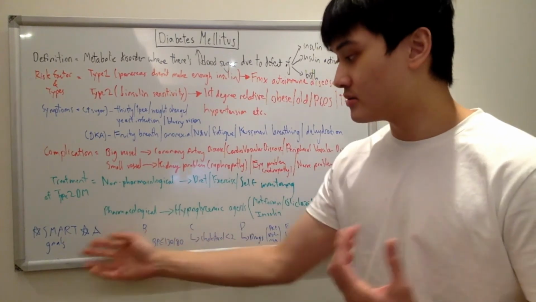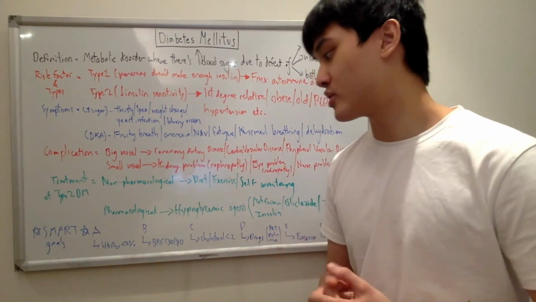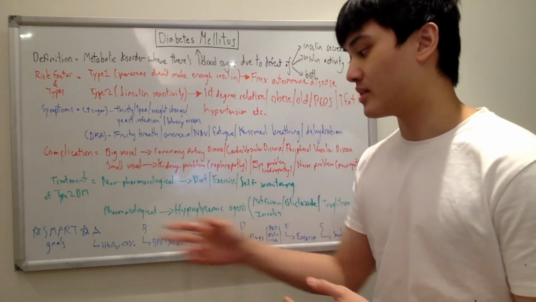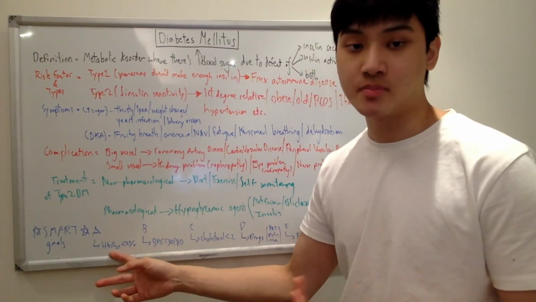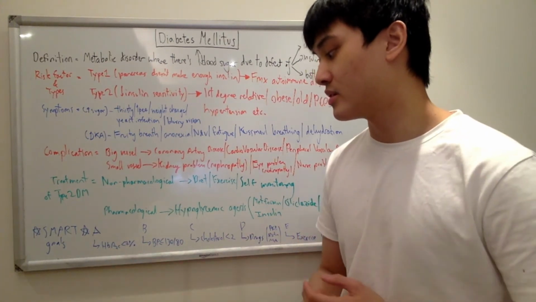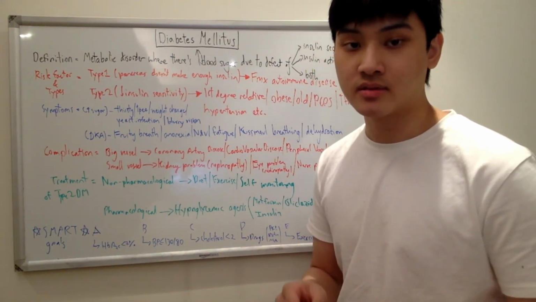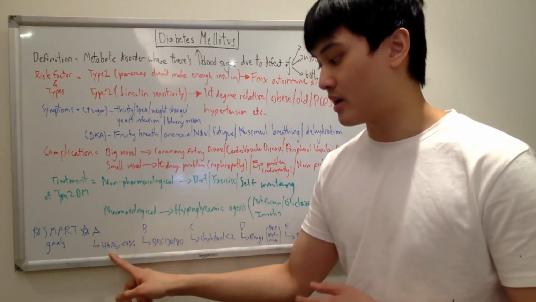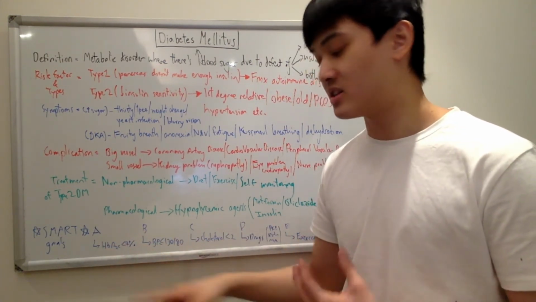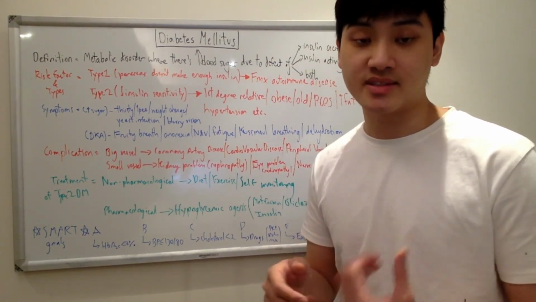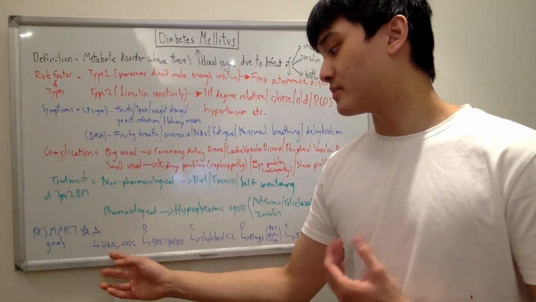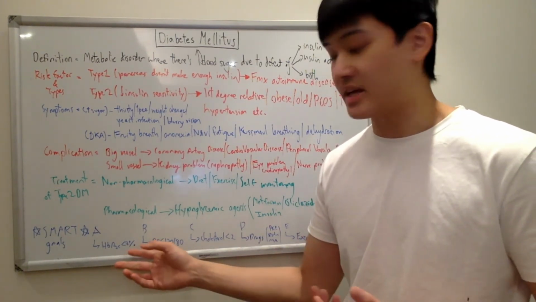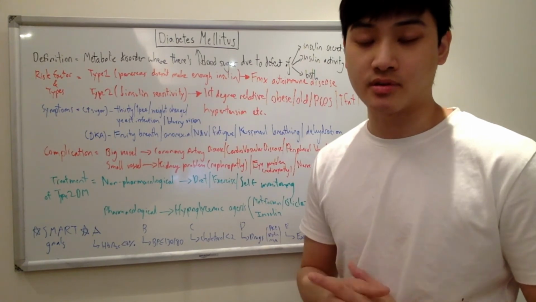Most patients follow SMART goals, which are namely A, B, C, D, E, S. A stands for HbA1c, hemoglobin A1c, which has to be controlled to less than 7%. It's a measurement, a tool that we use to monitor blood sugars.